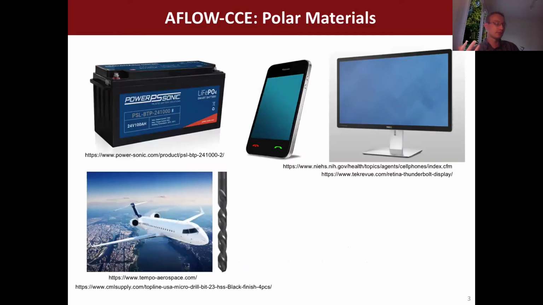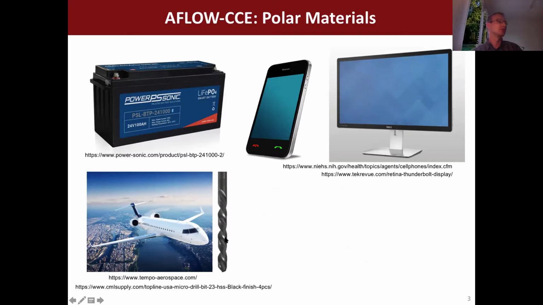And maybe first, as a motivation that they are really important, I give you some examples where polar materials play a very critical role. When you look, for instance, at battery materials, you have this lithium iron phosphate material. This is an oxide, a very polar compound, and for energy storage purposes, it's very important. Also for transparent conductors, for displays, these transparent conductive oxides are very important.